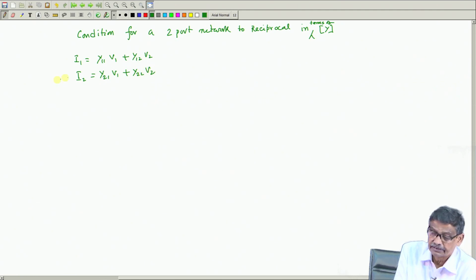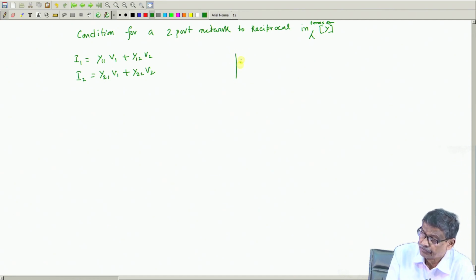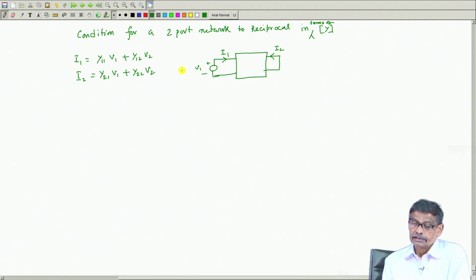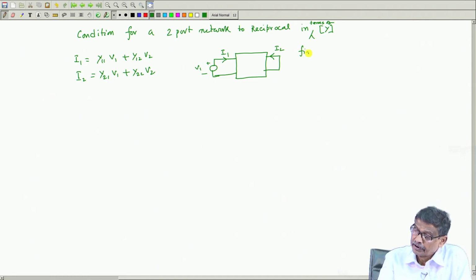This is the general thing, and I have to find out under these two conditions. In one case I will excite the input port with V 1 and short circuit the other port, exactly the same way.